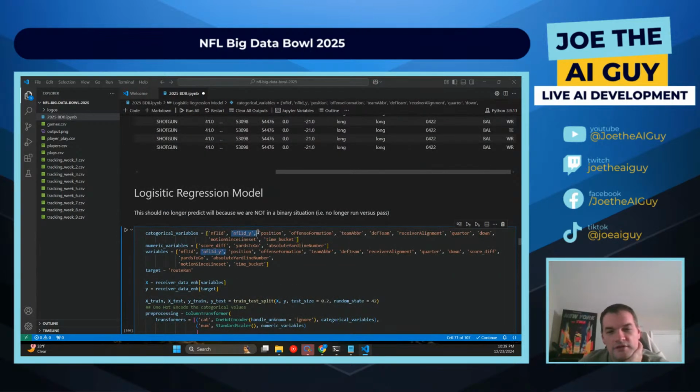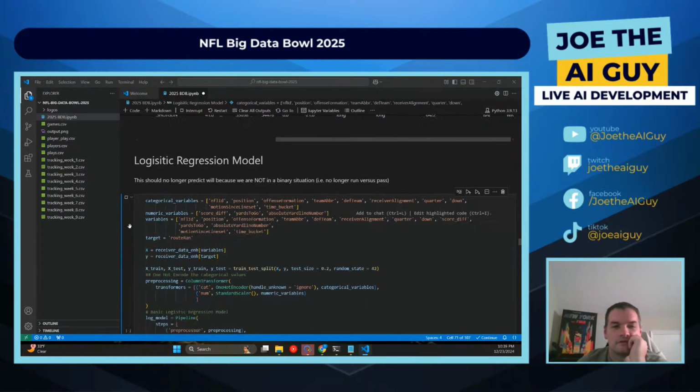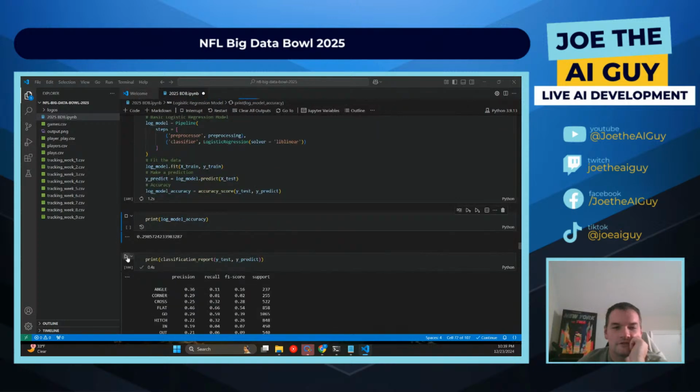Let's see if it is addition by subtraction.